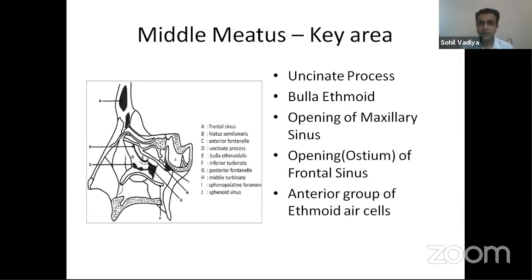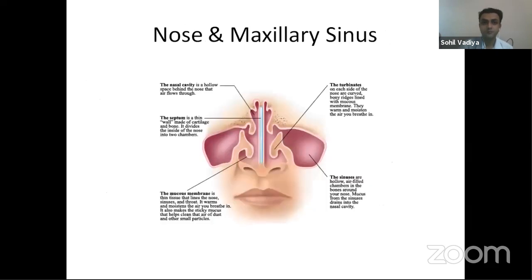Between the bulla and uncinate is something called the hiatus semilunaris. As we understood, in the key area there is an opening of maxillary sinus, frontal sinus, and the anterior group of ethmoidal air cells. We need to understand at least two things: uncinate process and bulla ethmoidalis, and the hiatus semilunaris in between them.